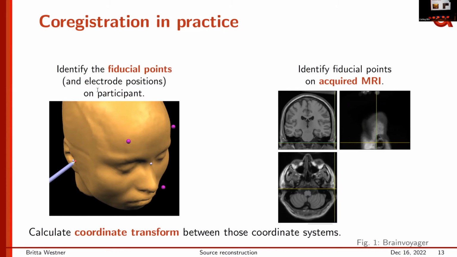And thus for EEG, you might not only get 3 points that you can use for co-registration between MRI and EEG headspace, but you might also want to know exactly where each electrode was relative to the head of the participant.